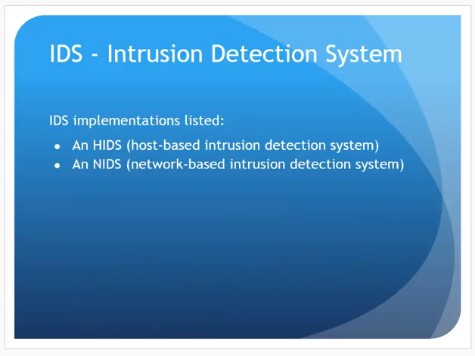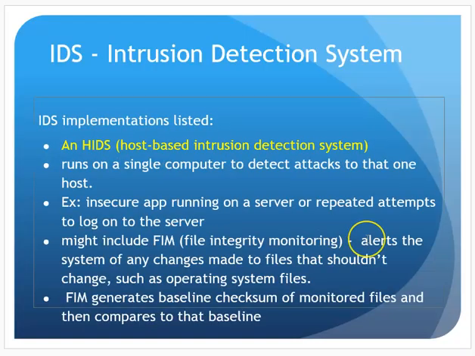You can have IDS as either host-based or network-based. Your host-based runs on a single computer and detects attacks on that host, such as an insecure app running on a server or repeat attempts to log in. It might include file integrity monitoring, which alerts the system to any changes made to files that shouldn't change.